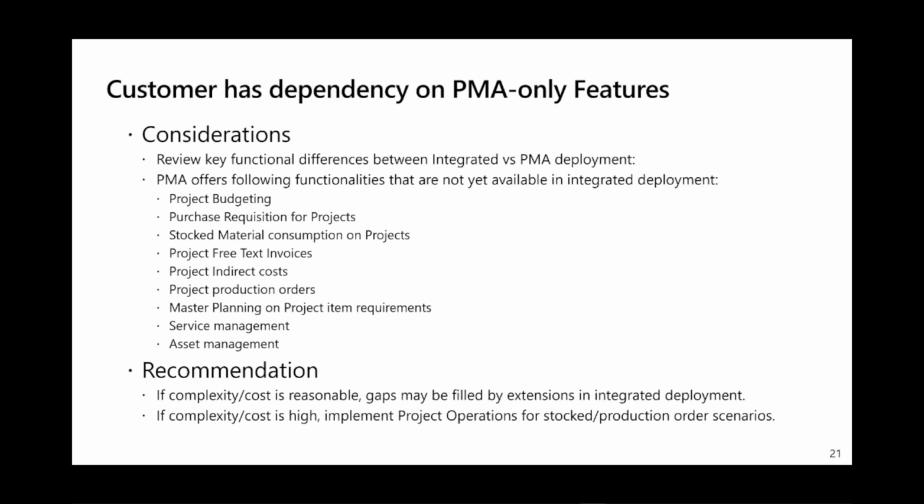Similarly, while it might be technically possible to do something like that, it would be a very big and very risky lift to implement Project Operations Lite and the Finance and Operations Project Management and Accounting module separately, and then try and build your own custom integration between them.